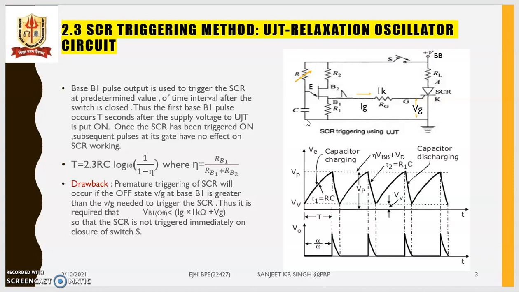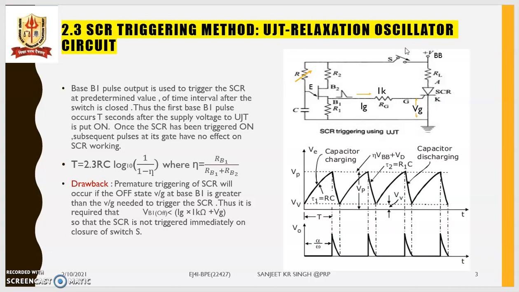So charging time is dependent upon R and C, whereas discharging time constant is dependent upon R1 and C. During the discharging path, the triggering pulses are generated at base 1 and the SCR is turned on with the first pulse itself. The remaining or subsequent pulses are redundant, meaning they are of no use and have no effect on the SCR, as the SCR is latched into the on state.